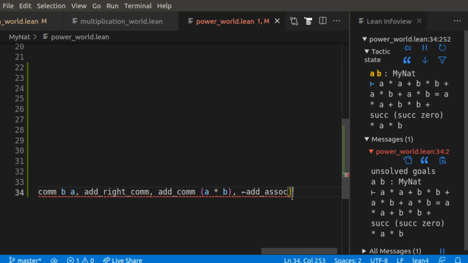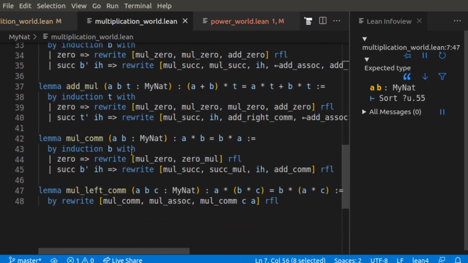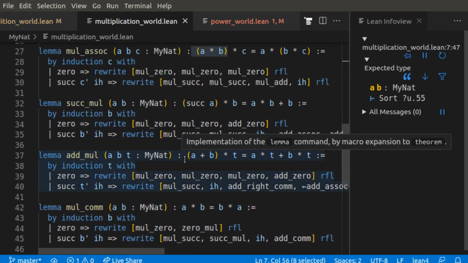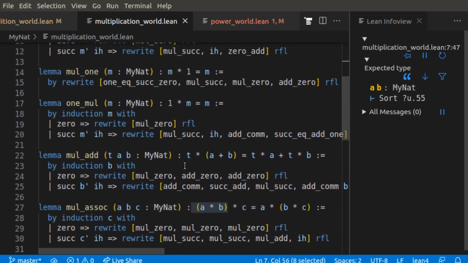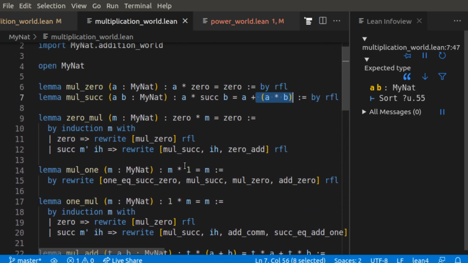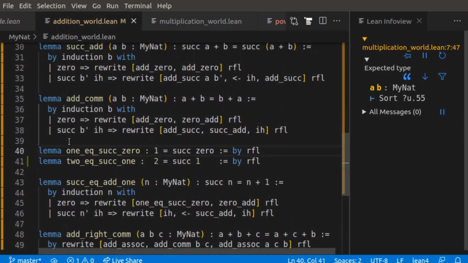Yeah, I'm not sure. Oh, it's so close. Let's look at what we have in our multiplication world. We can swap things. We have times 1. We don't have times 2. We don't have adding 2 things. So we're probably going to want to introduce a new lemma.